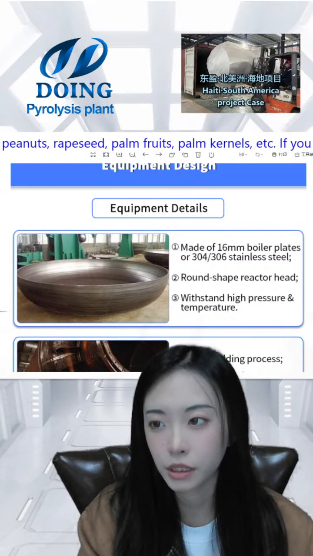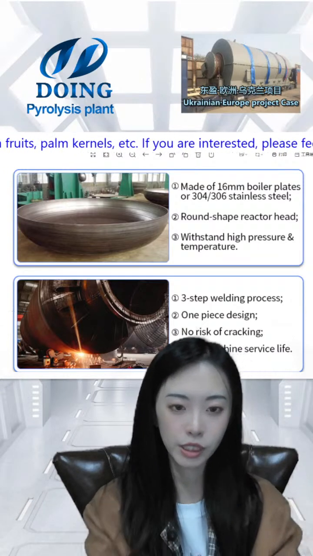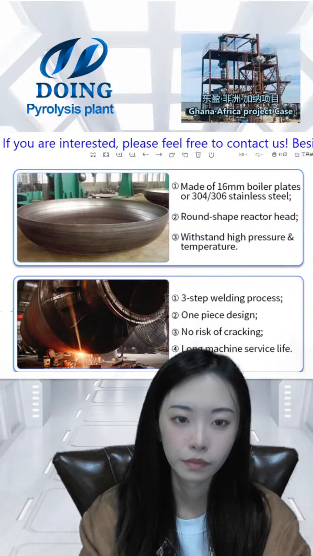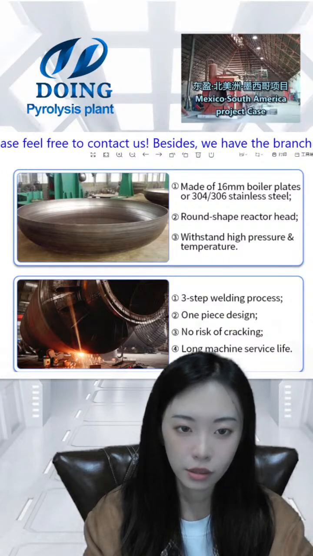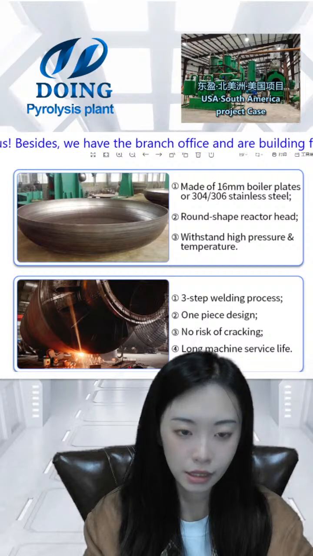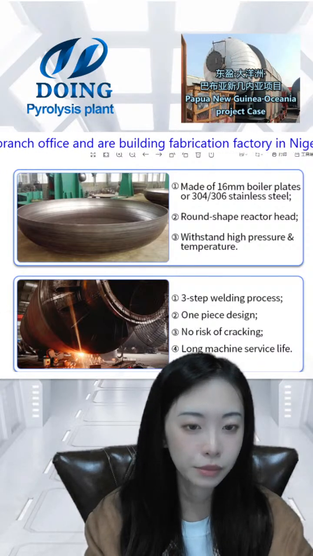This is the material of the pyrolysis furnace, the most important part of the whole business. You can see this is made of 60 millimeter boiler plates or stainless steel. It depends on the different materials that we use.